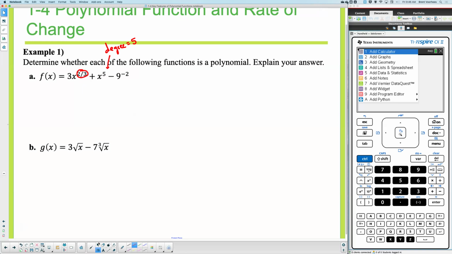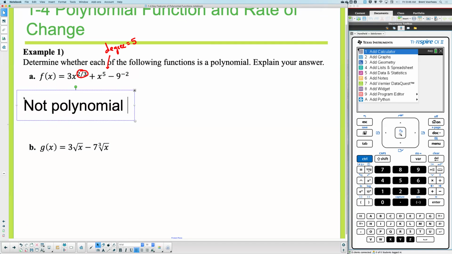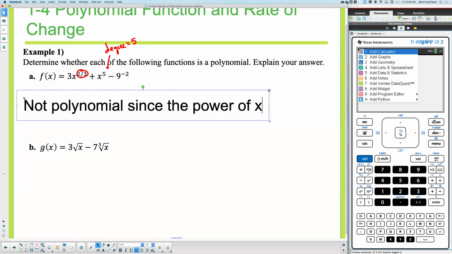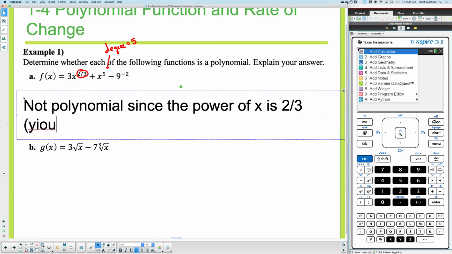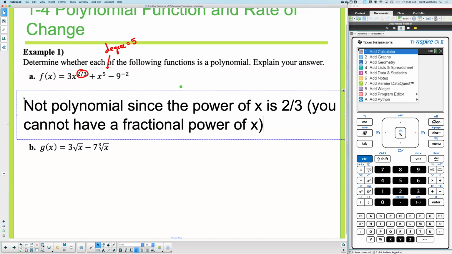It's not polynomial. I'm gonna go ahead and write this in. Not polynomial, since the power of x is 2/3. You cannot have a fraction power. I'll put that in parentheses. You cannot have a fractional power of x. That is a rule.